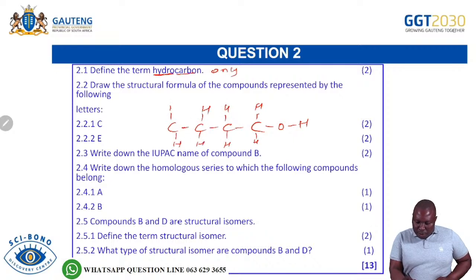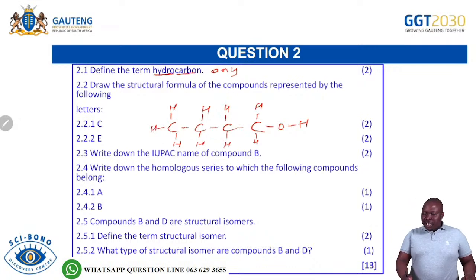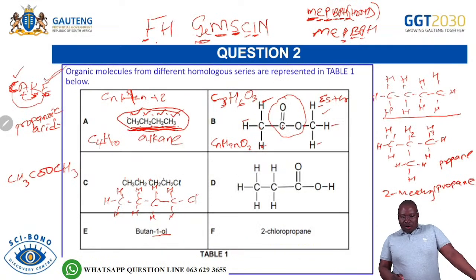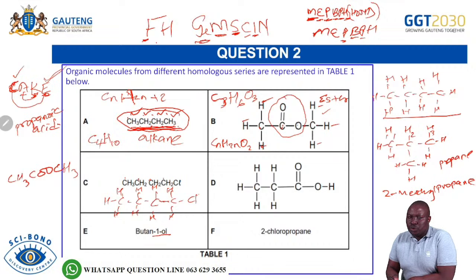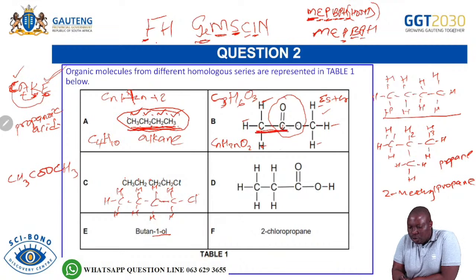And then I hope you are still moving with me. Now, write down the IUPAC name of compound B. We were on it here. Remember the one that is attached to the oxygen and the C double bond O. Let me put it this way: the structure that is attached to the C double bond O, that is the parent chain. So you must know how many carbons are here where we have C double bond O. We have 2 carbons.